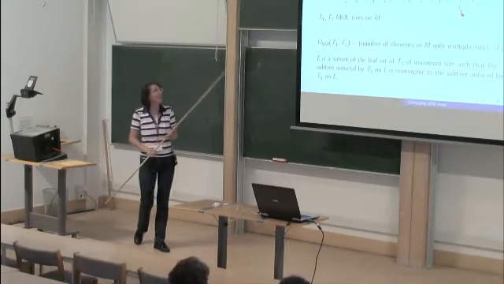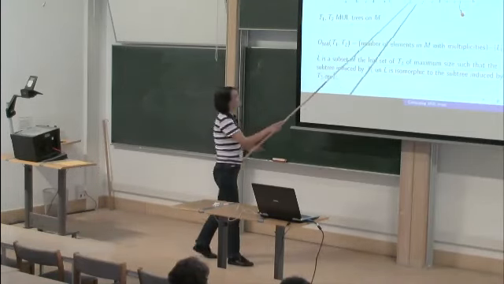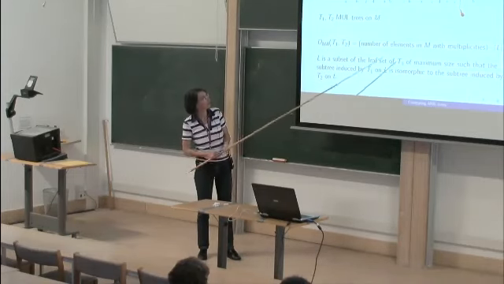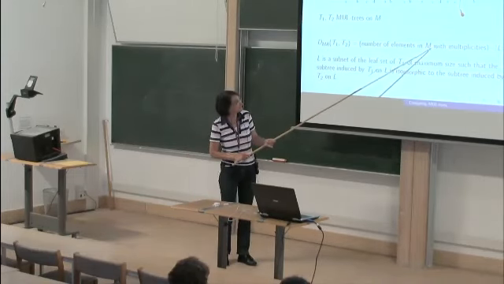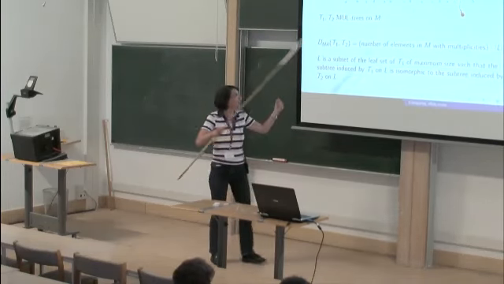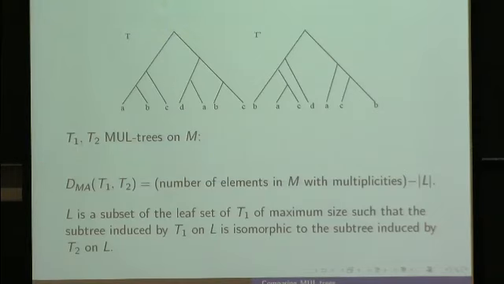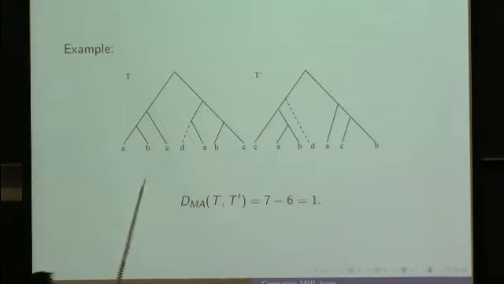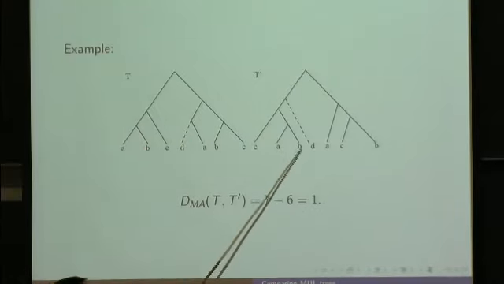So what is that? Well, I again look at my two trees, and then I define the distance between my two trees as just the number of elements in my leaf set M, with multiplicities, minus the number of leaves in the maximum agreement subtree for the two of them. So, for example, if I look at my two trees again, then if I forget my D here and its pendant edge, and I forget the D here and this pendant edge here, then my two trees are the same.